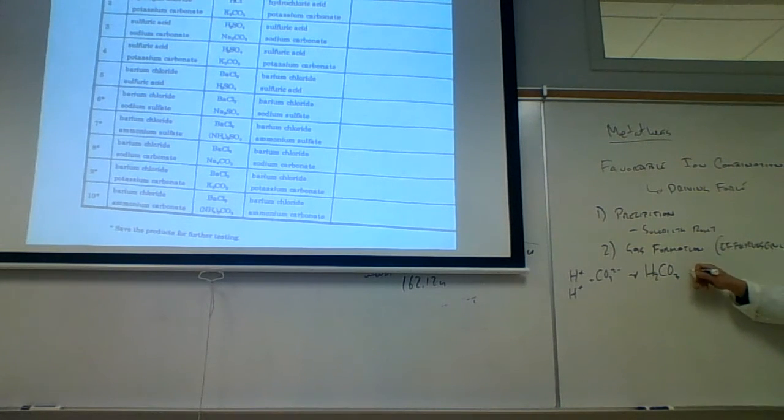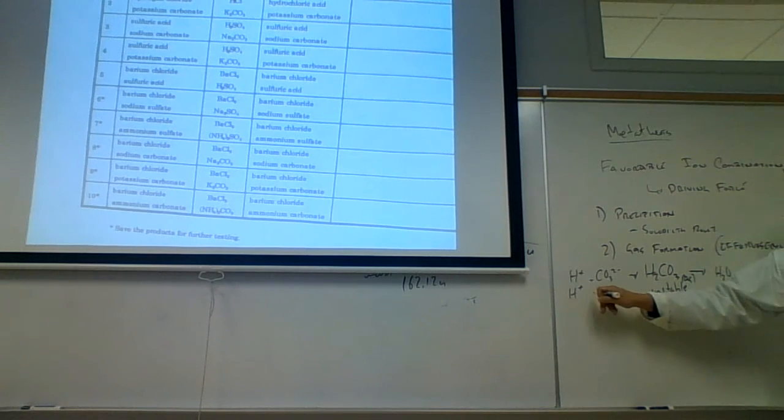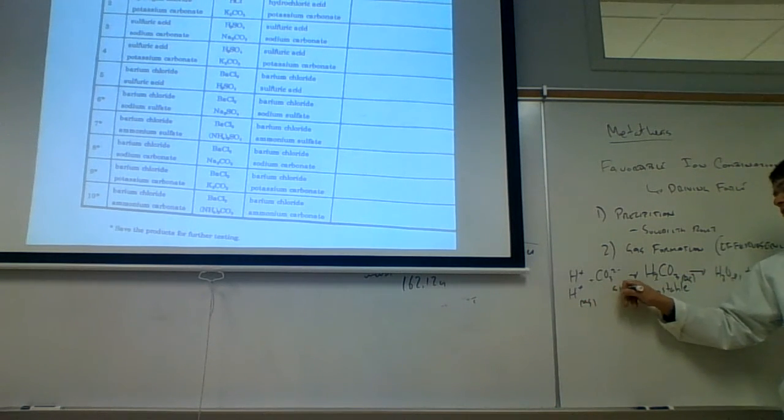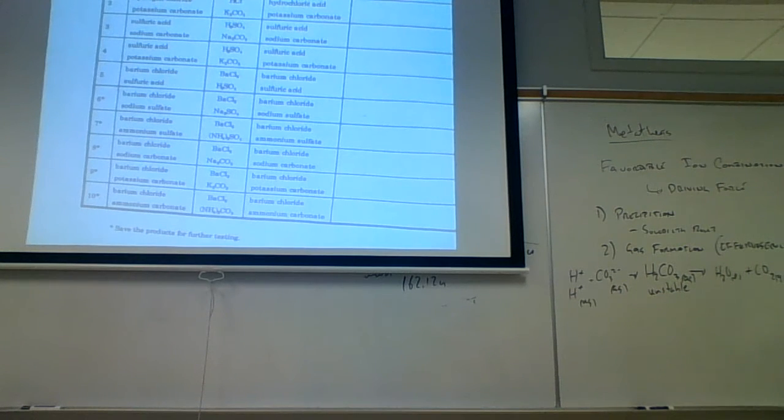Carbonic acid's unstable. Carbonic acid breaks down into H2O liquid plus CO2 gas. These are all aqueous, dissolved in water. We're doing an aqueous reaction. And so you just memorize carbonic acid is unstable. Whenever we have hydrogen ions combining with carbonate, we form carbonic acid, which breaks up into H2O and CO2.